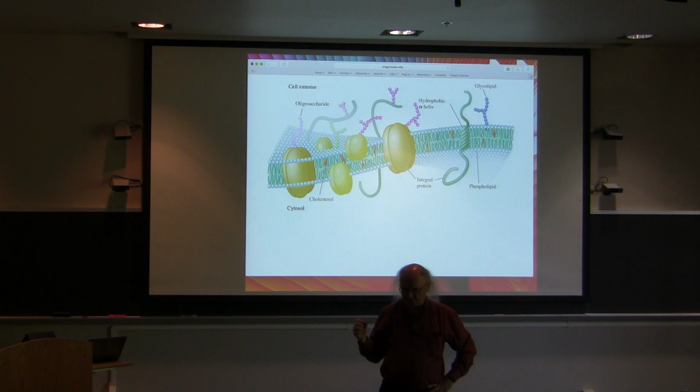Those are quaternary interactions. It's probably easiest to see with hemoglobin. If you think back to hemoglobin, we had 4 subunits, and I said the binding of oxygen by one of the subunits caused the others to flip into the R state, right? That's a perfect example of quaternary interactions, okay?